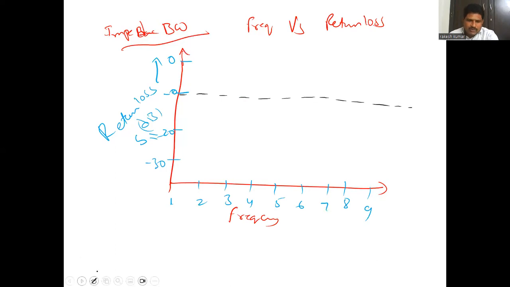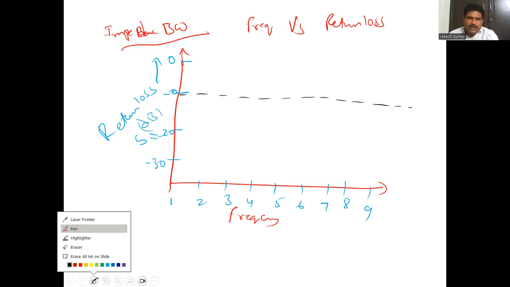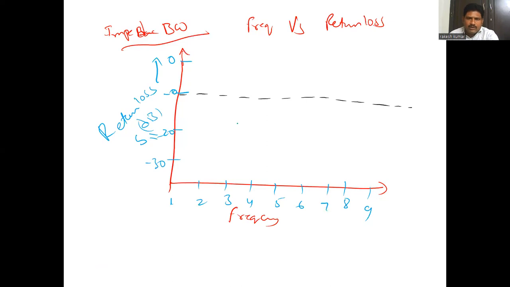For example, for one particular antenna, if the graph is like this, tell me at how many bands it is operating, at what frequency it is operating. You take this tip.